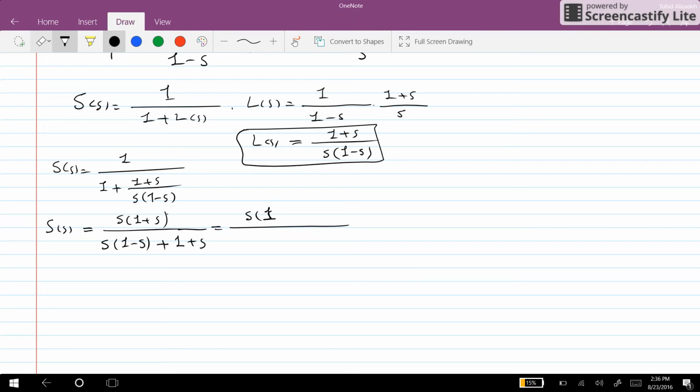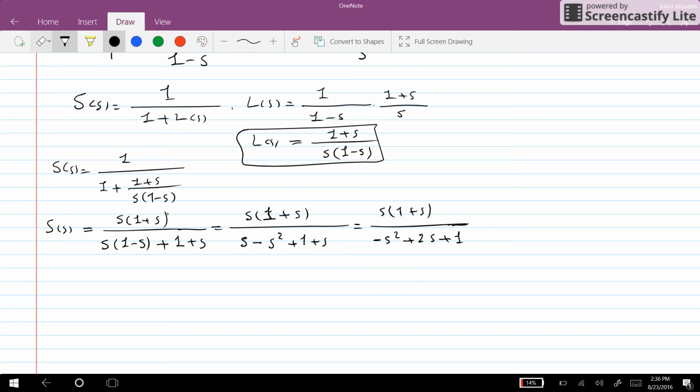So we have S times 1 minus S at the numerator, and at the denominator we have S minus S squared plus 1 plus S, which after simplification will provide us minus S squared plus 2S plus 1.